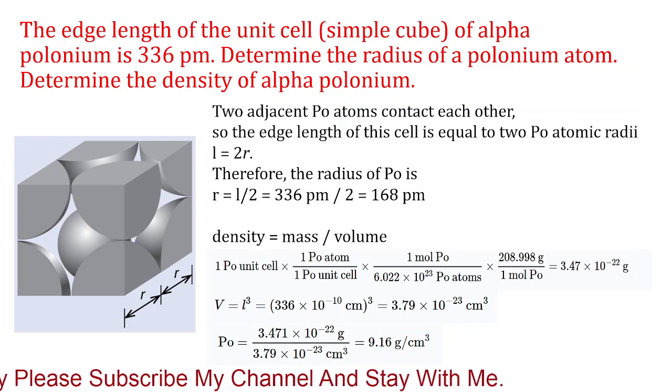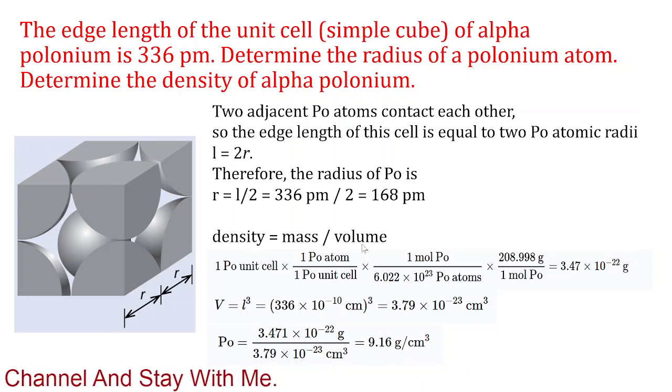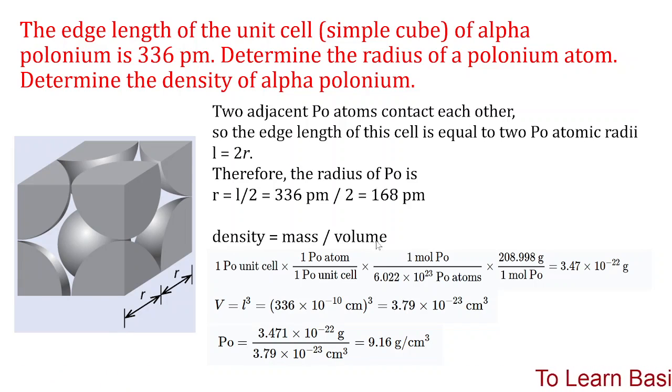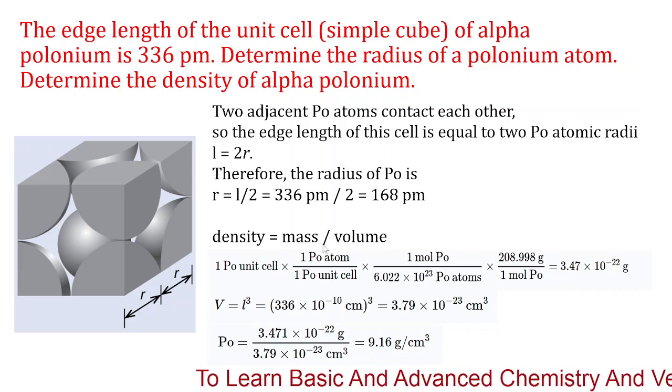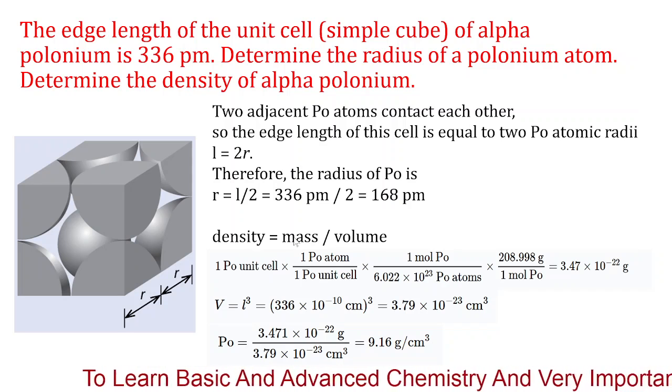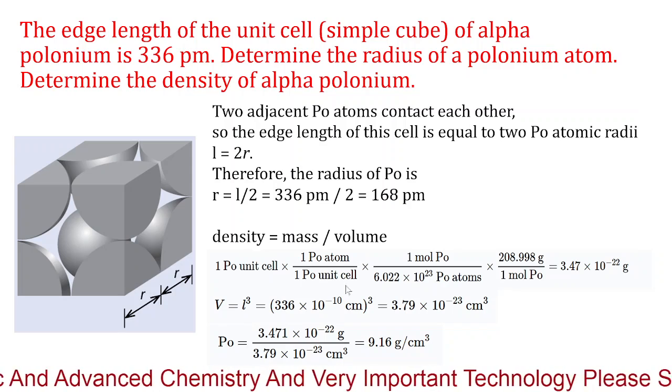We are familiar with the term density equal mass by volume. So you need to find out the mass of the atoms, how many atoms you have, and the volume of the crystal, and therefore we will find out the density.